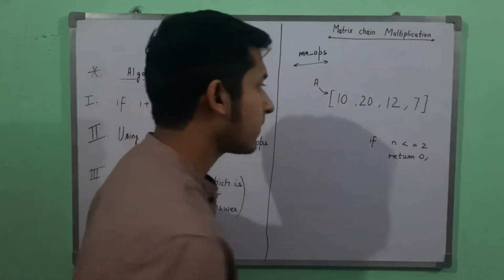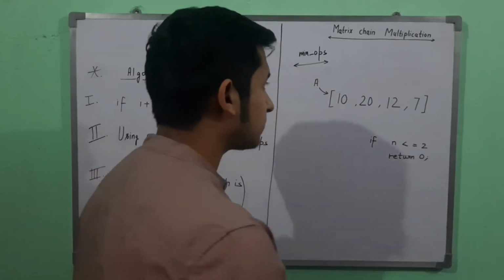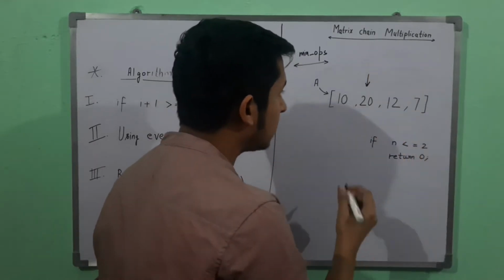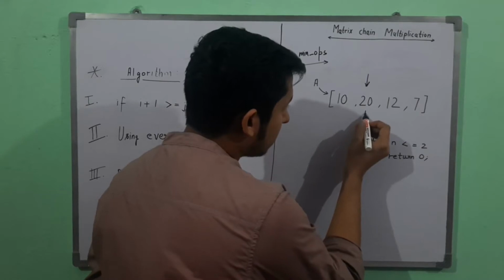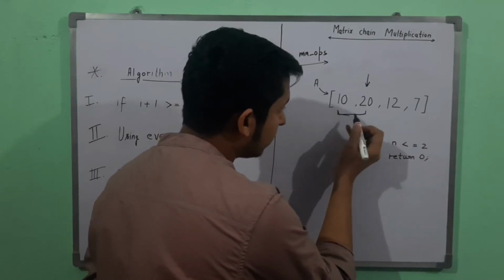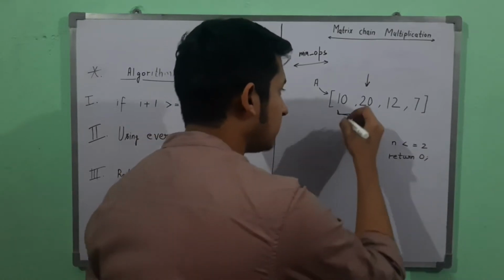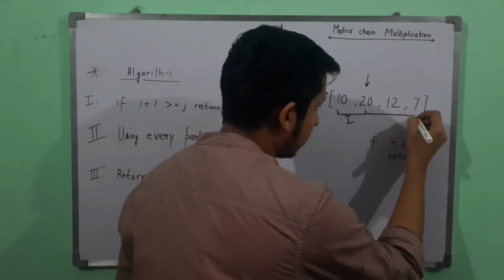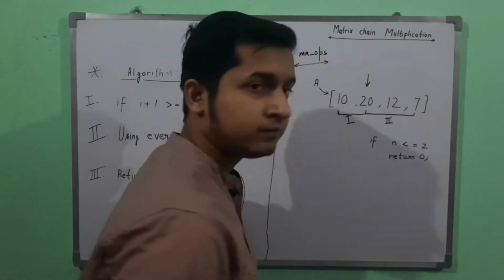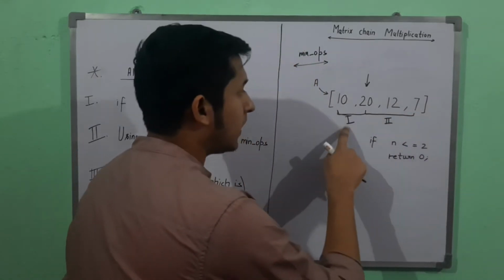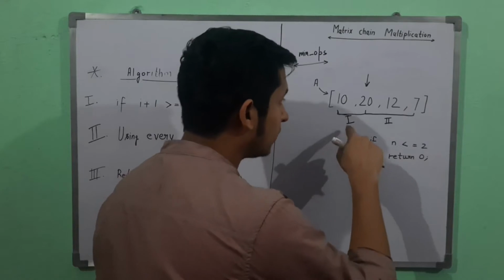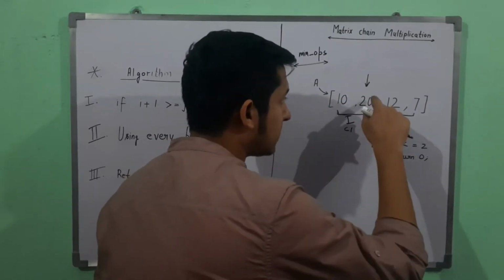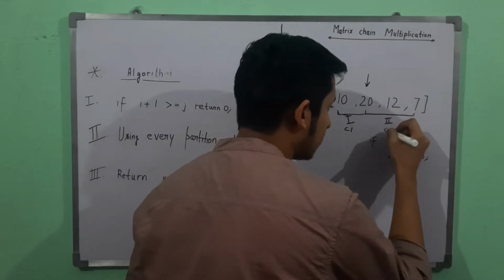I'll just show you the case. For example, what is my idea with brute force? For every element, suppose for this element, I'll get all numbers to the left of it as subproblem 1, and all elements along with this in the right as subproblem 2, and I'll first get the minimum cost to solve subproblem 1, cost 1, then the minimum cost to solve subproblem 2, cost 2.